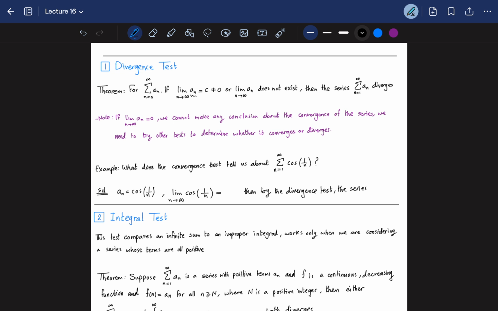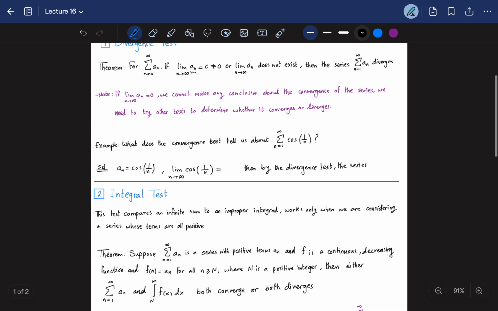If you have a limit other than 0, then your series diverges. That's it. That's why this test is the simplest test to apply, because you just take the limit of what's inside your infinite series. If it's not 0, this means that your series diverges directly.